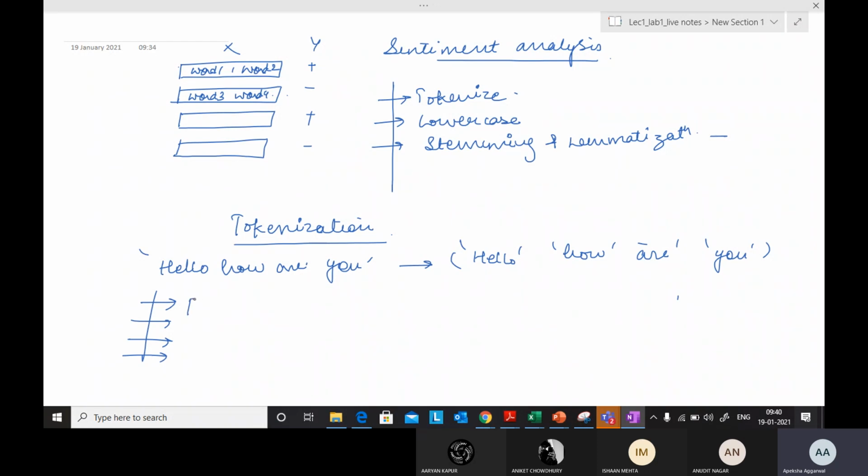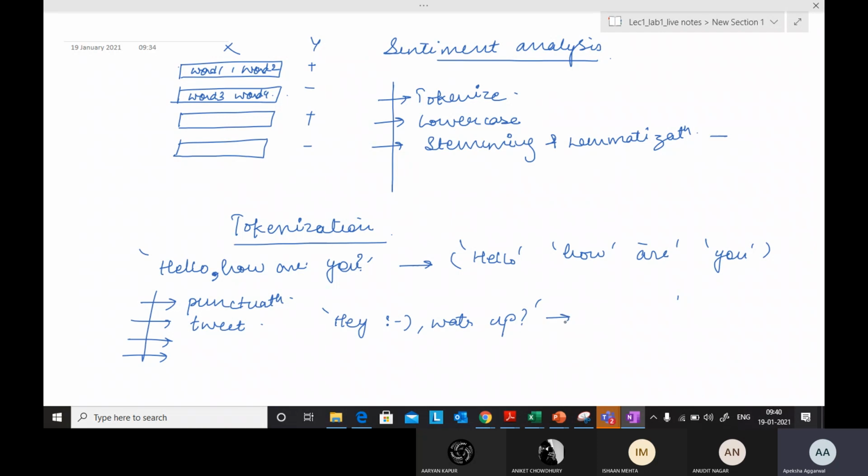There is tokenization for punctuation. If you are using a sentence like "hello, comma, how are you, question mark", the punctuation tokenizer will remove all the punctuation marks and only give you a set of words as output. Suppose you are using the tweet tokenizer, and the sentence was: hey, then a smiley, and what's up.